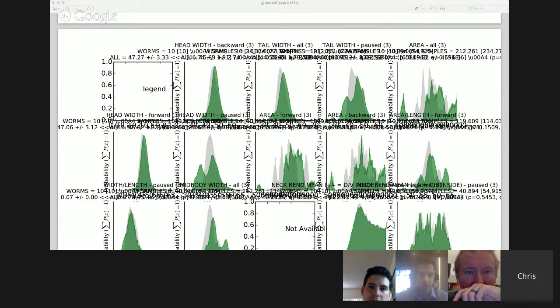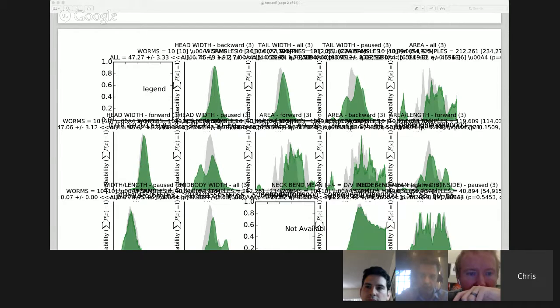Do you know where that is? It should be in wormstatistics.plot. Okay, because I could just monkey with that value where it starts. Right.